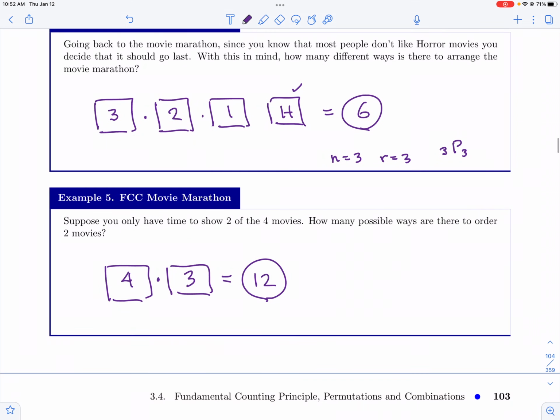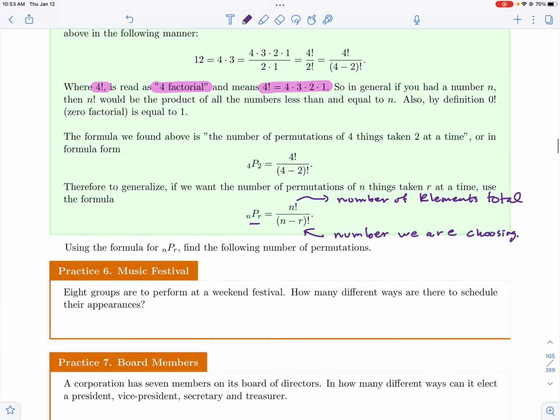And now for the last one, our n was again 4 because we had all 4 movies available to us, but we only put down 2 boxes because we only chose 2 movies. So for this one, our r is actually just going to be 2. So again, from our little formula perspective, it would look like 4P2. All right, so again, you can use either the calculator or the box method, whichever you prefer. They both work perfectly.